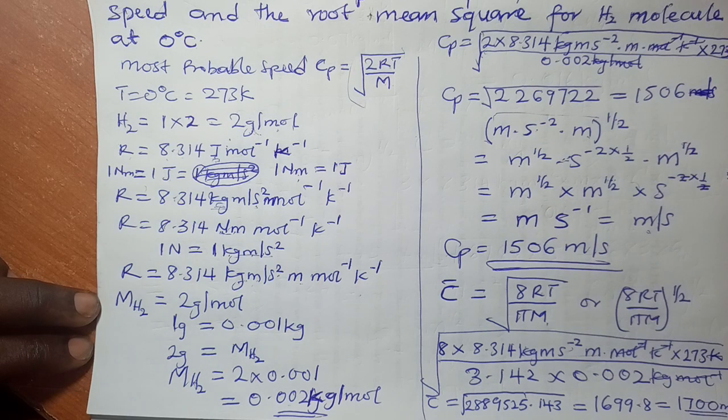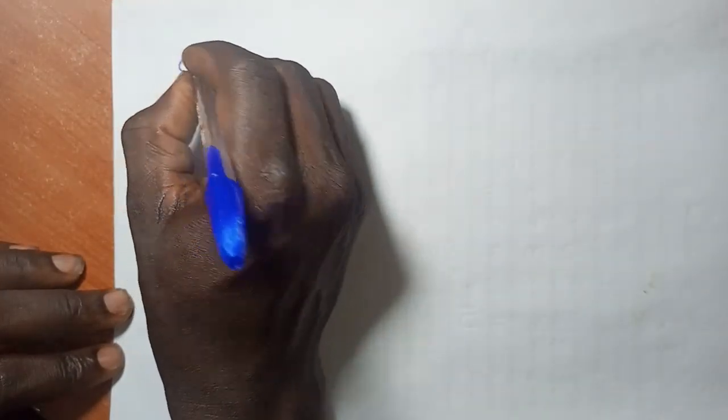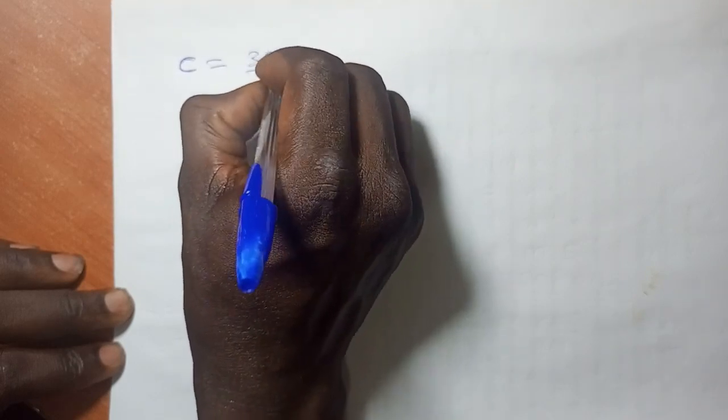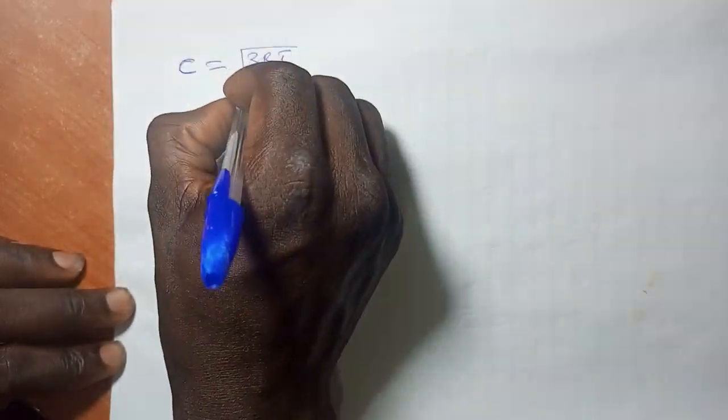Then the last one is the root mean square value for hydrogen, okay. So for root mean square value for hydrogen, you have the formula of 3RT over the molecular weight.